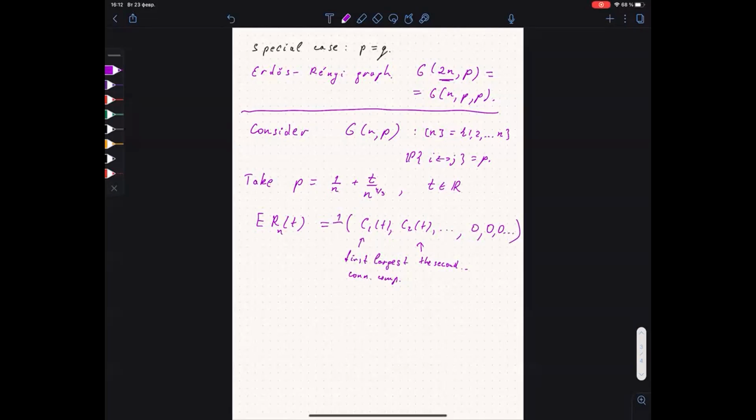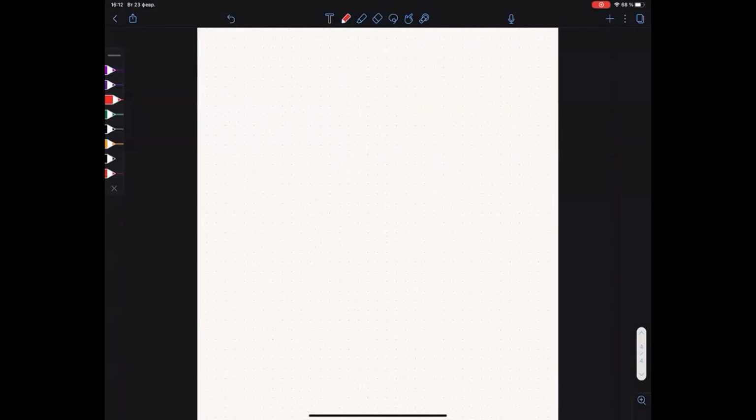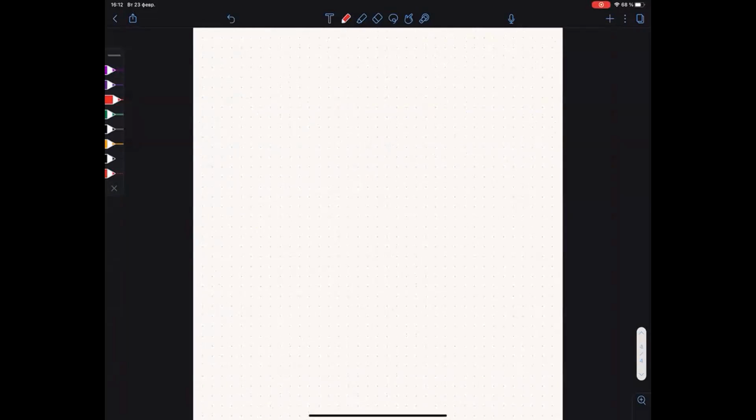Also, let's normalize that vector by 1 over n^(2/3). Then it is known, that result was proved by Aldous in 97.